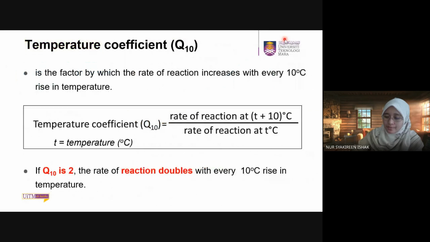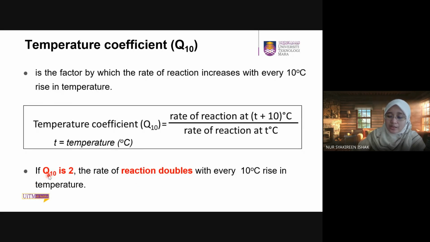Okay, so the temperature coefficient, which is Q10, the definition is the factor by which the rate of reaction increases with every 10 degrees rise in temperature. So if you increase the temperature by 10, the rate of reaction doubles, for example. If you insert values into this equation and it gives a Q10 value of 2, it means that the rate of reaction doubles.